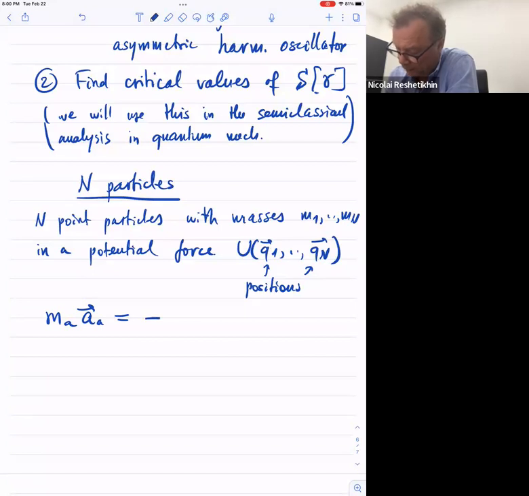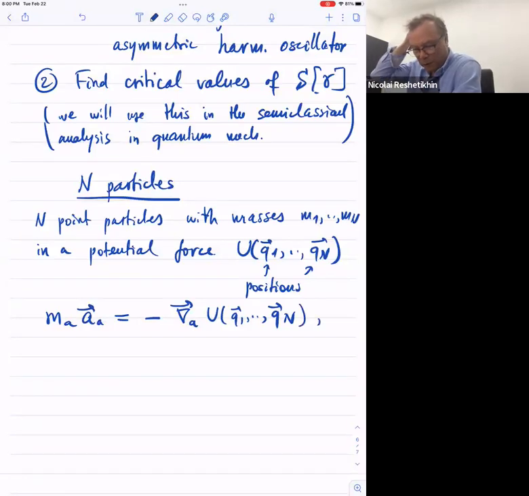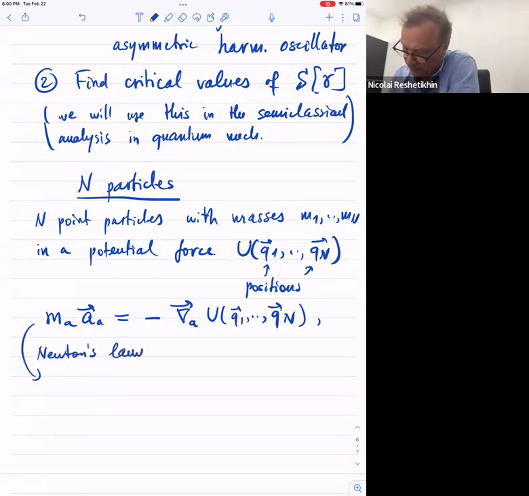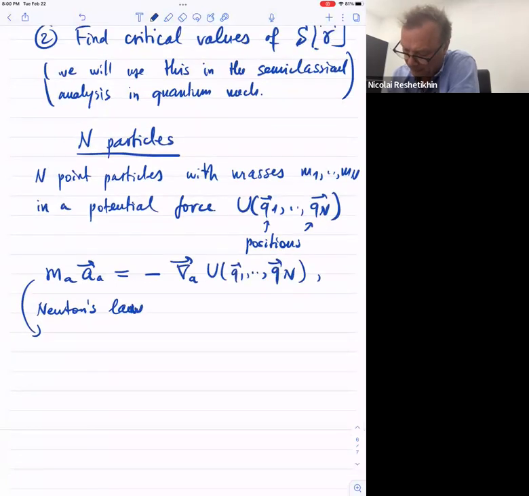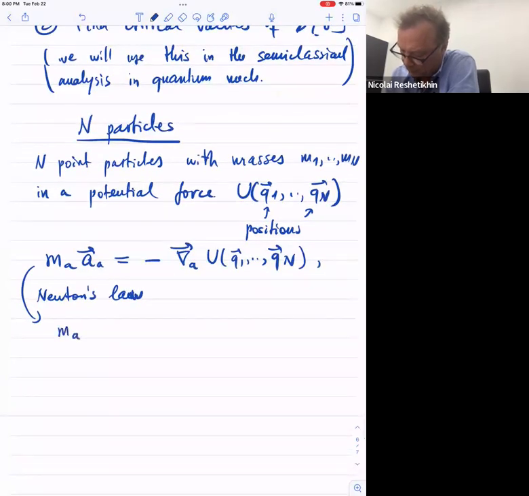Since we agree that it's a potential force, we take the gradient with respect to the position of this particle. This is Newton's law. It gives a nonlinear system of second order differential equations.